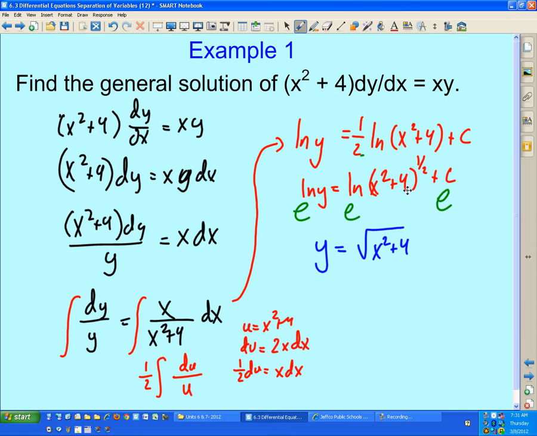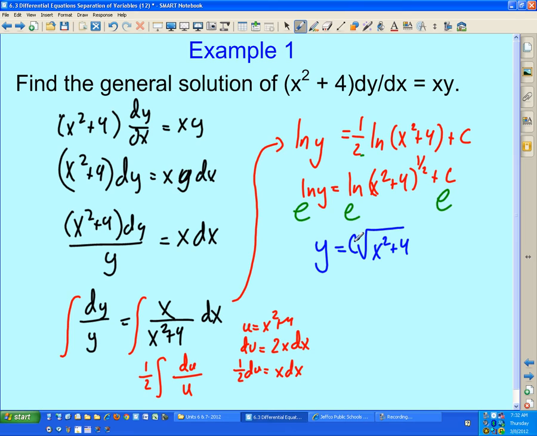Remember also that e to c is a constant, so e to any constant power is also a constant. So I don't need to write it as e to the c, I'm going to write it as c.